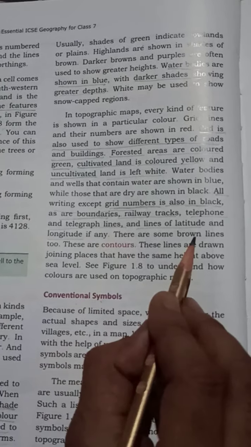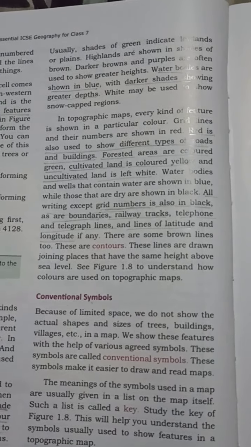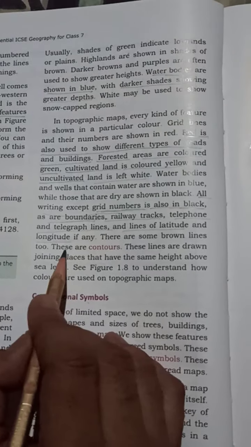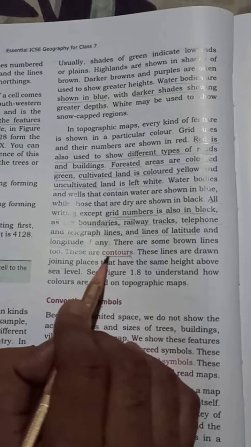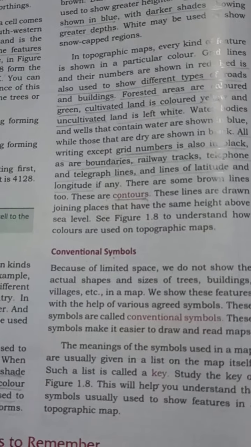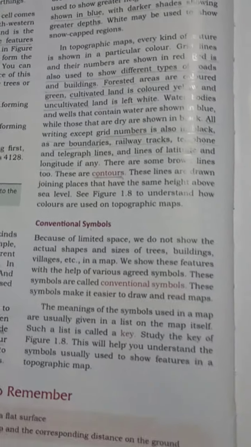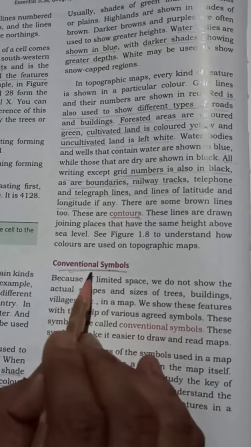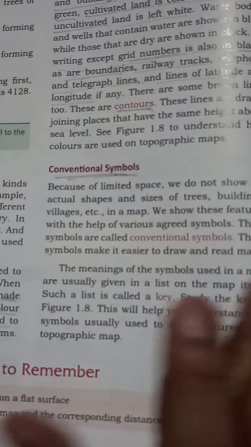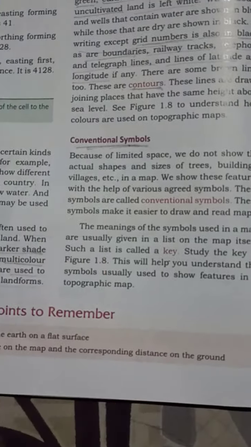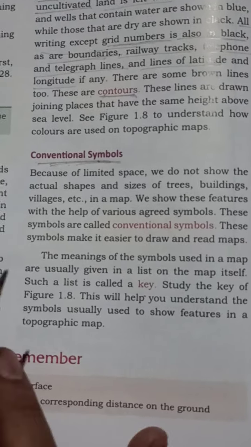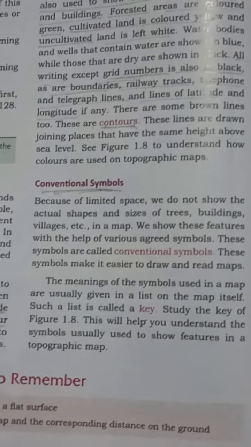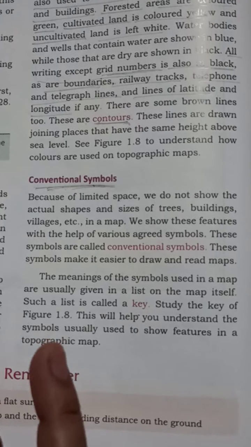There are also some brown lines. These lines are called the contours. Now the last point is conventional symbol. A conventional symbol is a symbol that is widely accepted for interpretation.